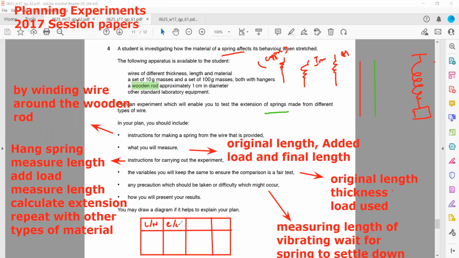Then extension for spring A, normally in centimeters, for B and C, like a spring made up of iron, a spring made up of copper, and a spring made up of aluminum. So this was an experiment from Feb-March.